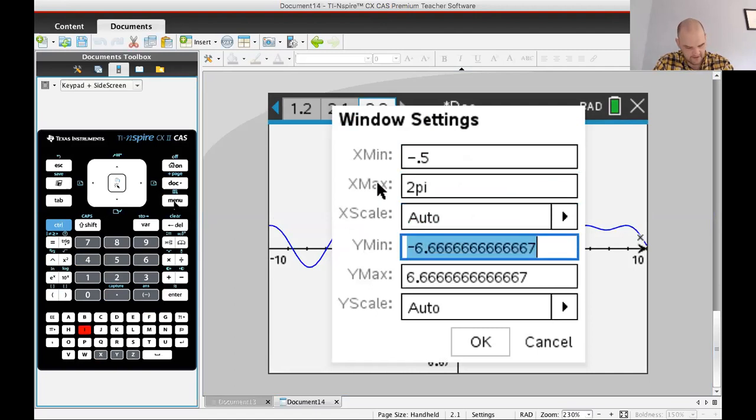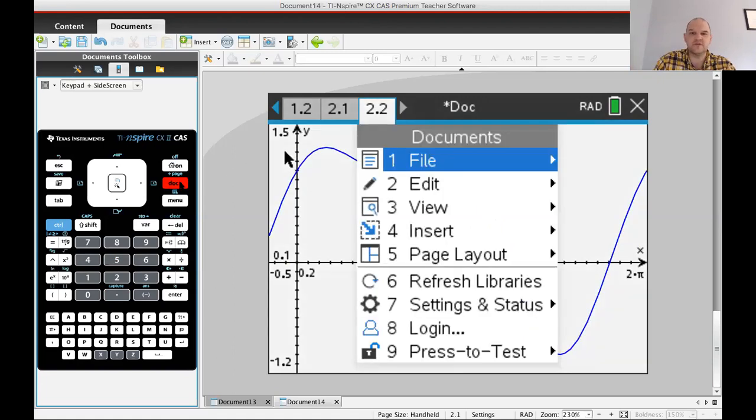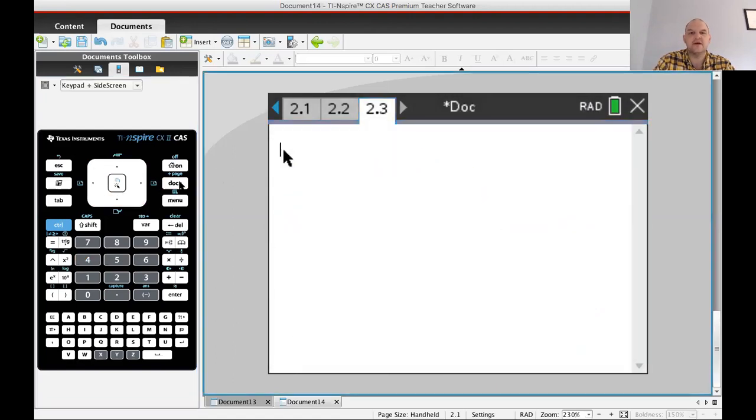And then negative, let's say 1.2 to 1.5, I guess, seems to be. That's a weird range, but compare this to what's in the notes and you can see it's exactly the same. Okay, so that's good, because that means it's worth doing the rest of this. So I'm going to insert another calculator page, and I'm going to find the derivative of that thing.